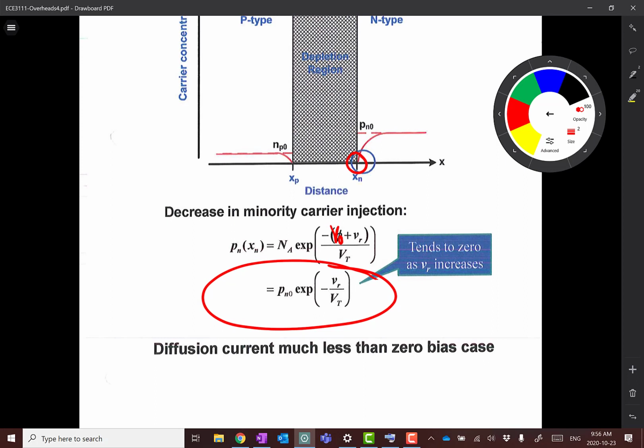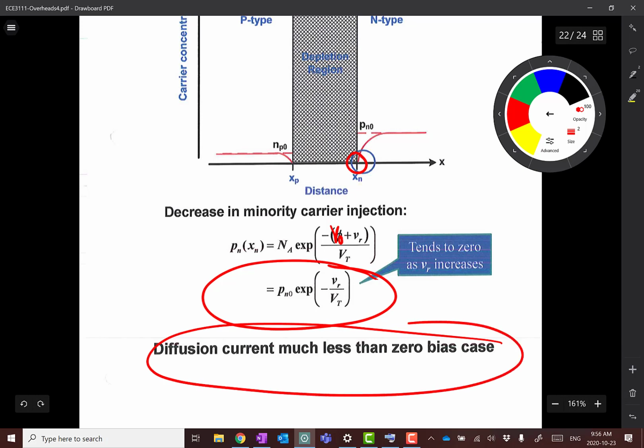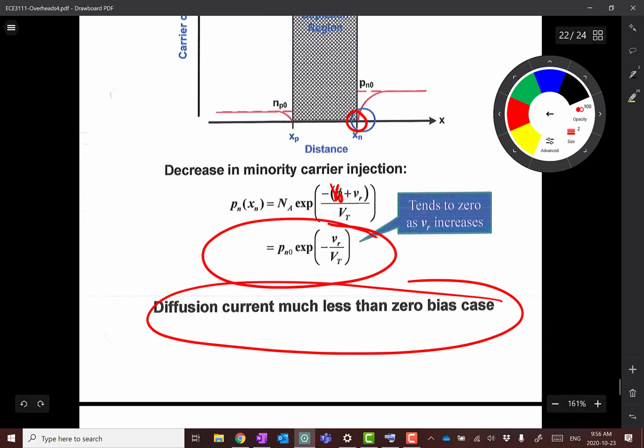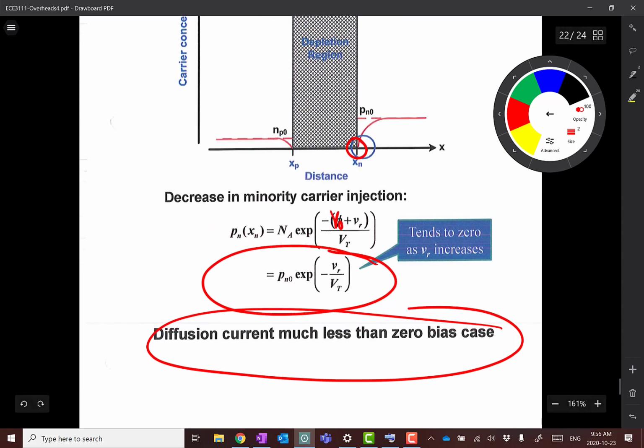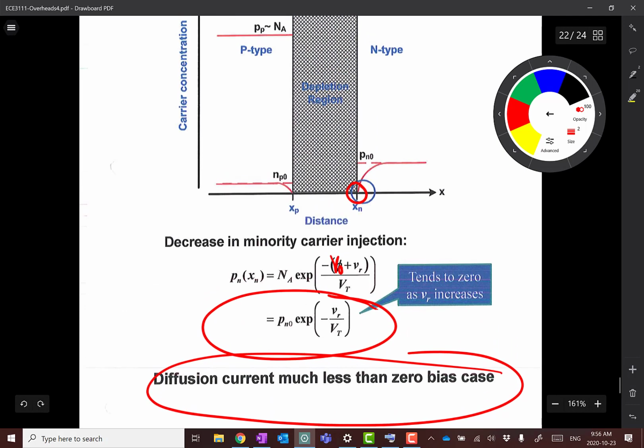Okay, so our diffusion current is much less than the zero bias case, and our current in general, due to this minority carrier injection, is reduced, due to this reduction in our concentration of minority carriers.